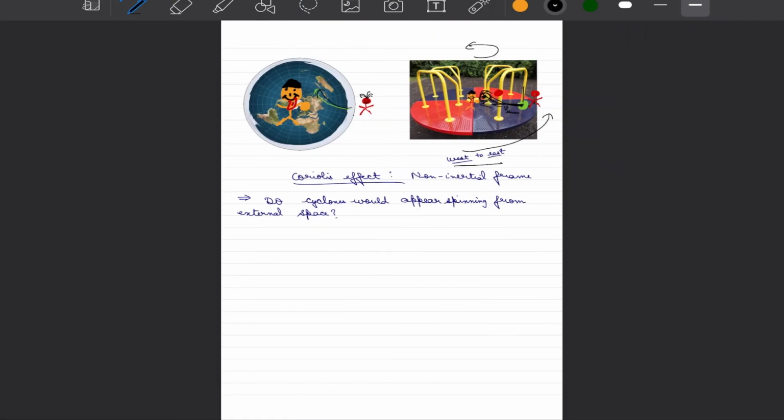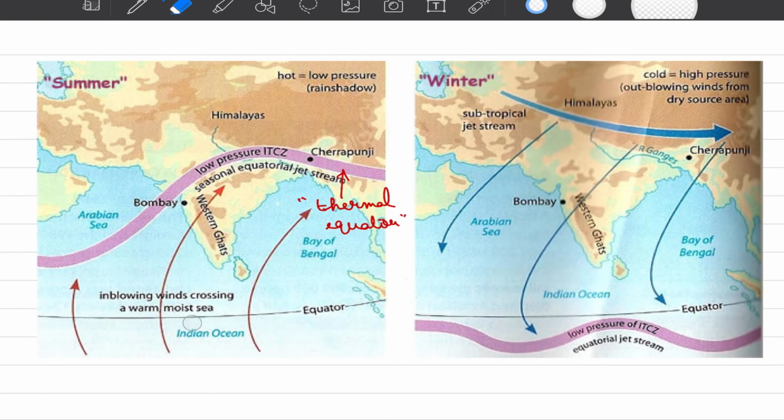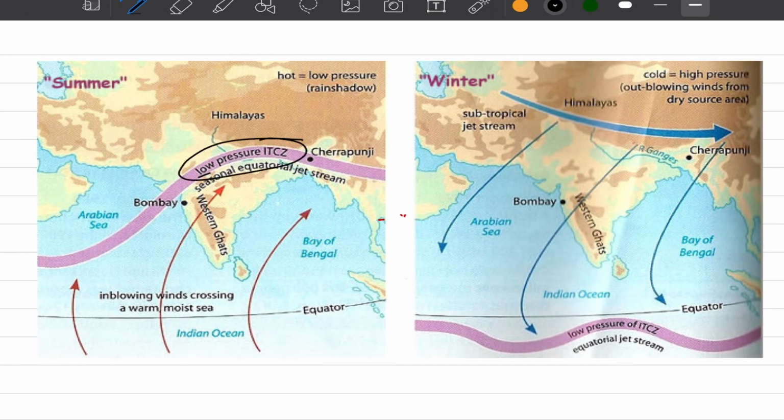Now, when you look at this map of India, what happens during summer? During summer, land gets heated comparatively more than oceans, as a result of which this ITCZ, where the convergence of winds happens, shifts over the Indian landmass, resulting in development of a low pressure belt here.